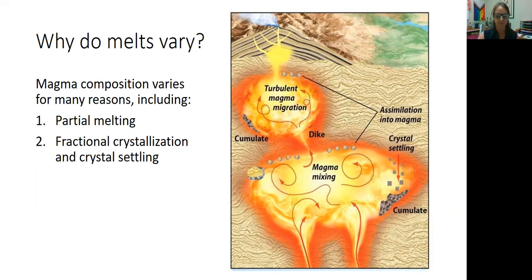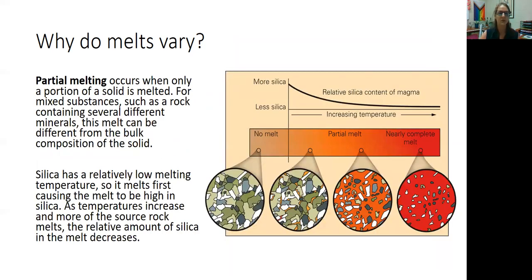So partial melting. Partial melting occurs when only a portion of a solid is melted. For example, a rock is made up of many different minerals. As that rock starts to melt, some of the minerals are going to melt before other minerals. Silica has a relatively low melting temperature. That means the silicate minerals are going to melt first.